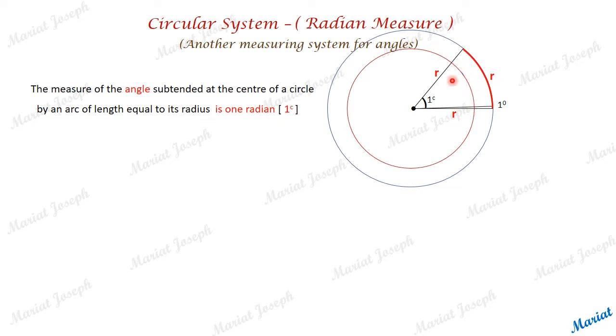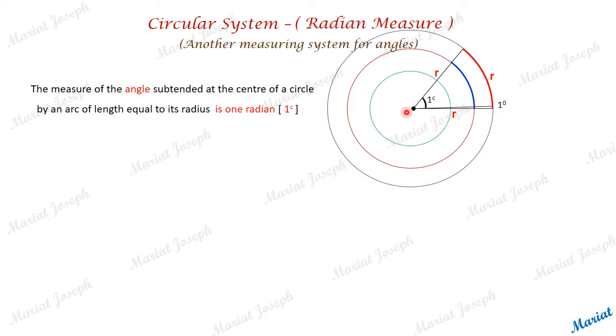So, the arc goes this way. Here it is. And look, that new arc on the new circle subtends the same amount of angle at the center. I have taken two concentric circles. The center is the same. Just to compare. Now the angle subtended at the center is the same.